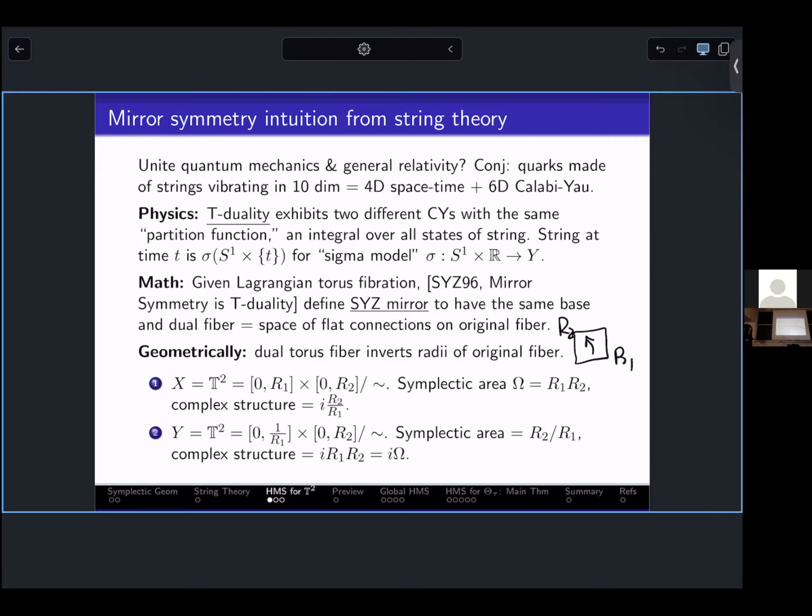And the complex structure is now R1 times R2. So symplectic area here is the complex lattice that you quotient by in the 2-torus here. And also the complex structure of this is mirrored to the symplectic structure of this.